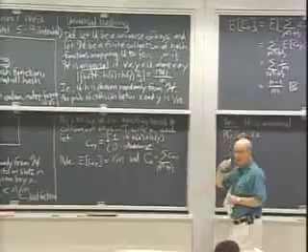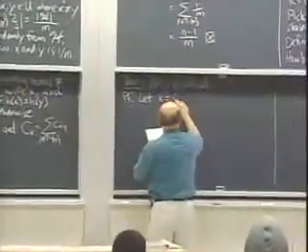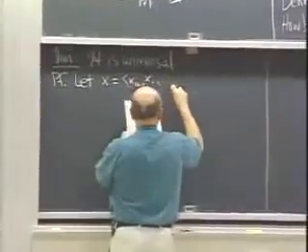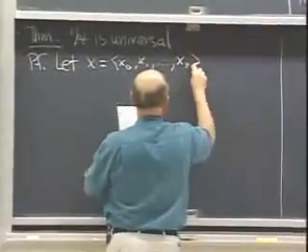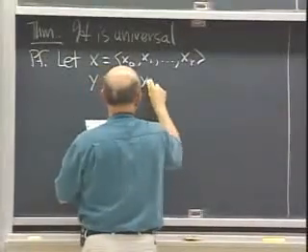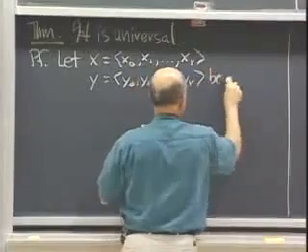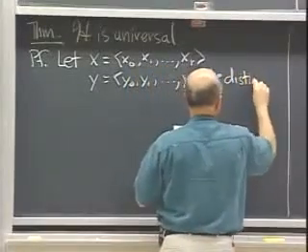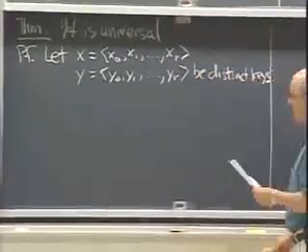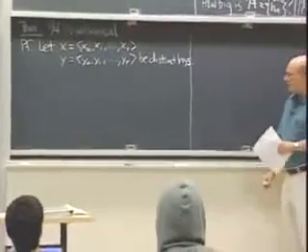So let's pick two keys arbitrarily: x, which we'll decompose into our base m representation, and y, with digits y0, y1, and so on.